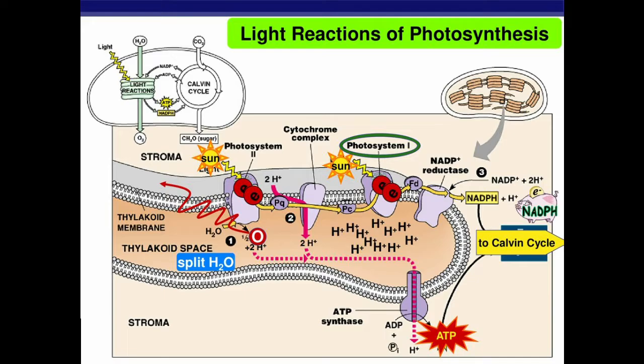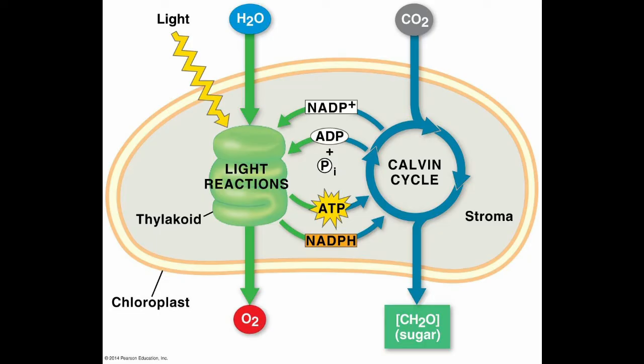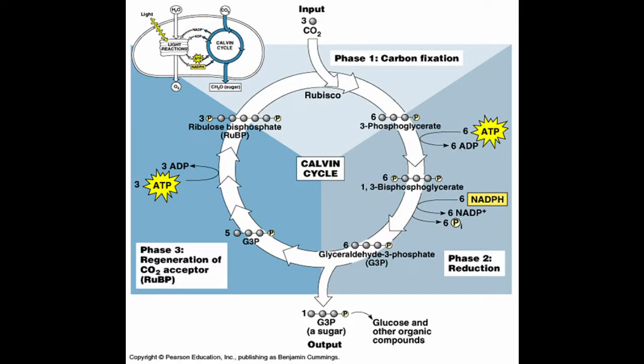The electron is then transferred to photosystem 1, in which it is released again into a primary electron acceptor, which brings it to NADP to convert it to NADPH. The ATP and NADPH go into the stroma to be used by the Calvin cycle, in which carbon dioxide is combined with RuBP to produce 6 3-carbon molecules.